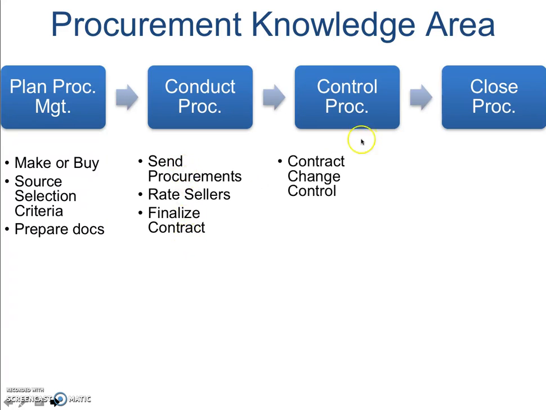Then you move on to Control Procurements, and this concept of contract change control is just another way of saying the ICCB, the Integrated Change Control Board, just for the vendor. So when you negotiate a change, or a request is received, you go into contract change control to change the contract, but that happens here only with the vendor.